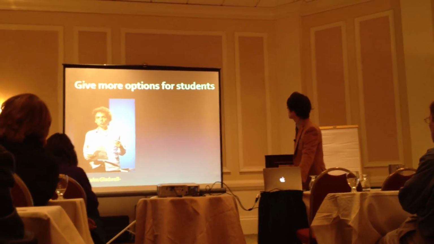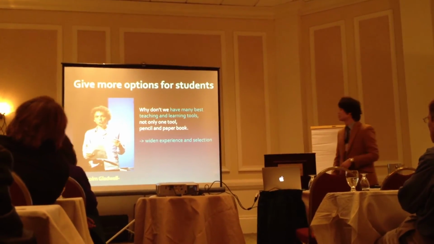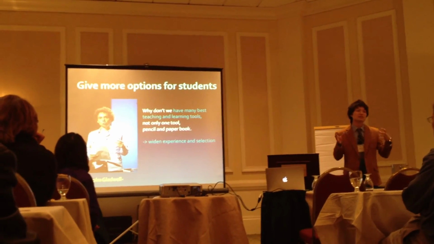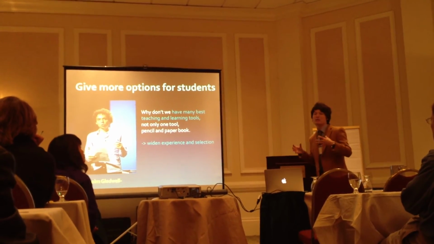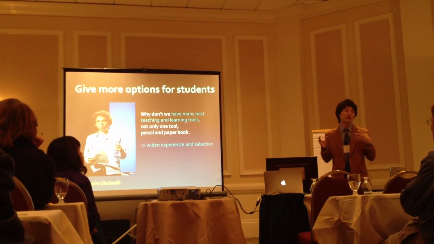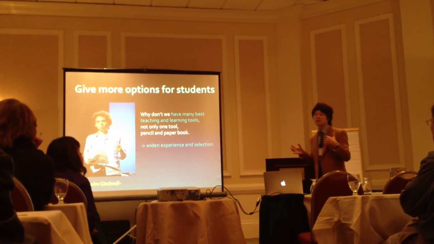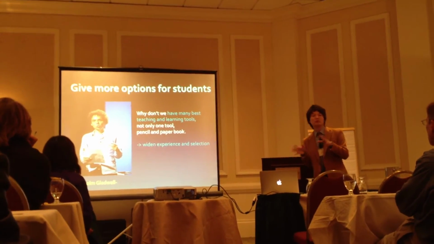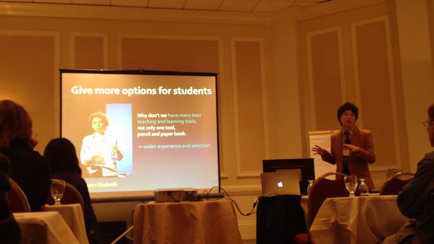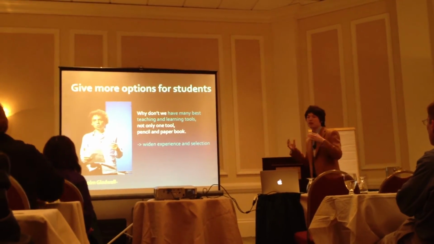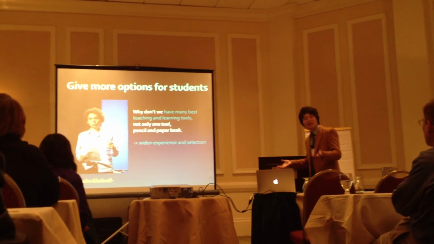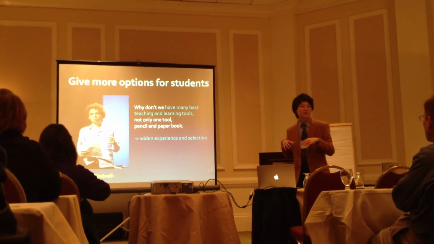And also, Malcolm Gladwell asks, why don't we have many vast spaghetti sauces? Why don't we have many different types of milk in the market? Because in the past, we had only one type of milk and one type of spaghetti sauce. But now we have many different selections in the market, like two-percent-fat milk, high-fat milk, soy milk, coconut milk. Why does the selection actually make our lives thrive?